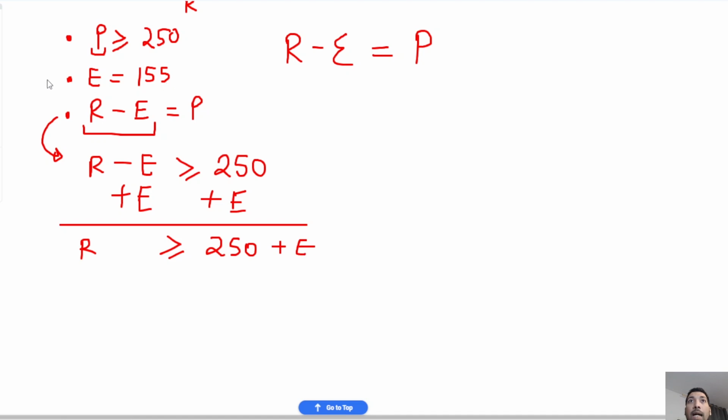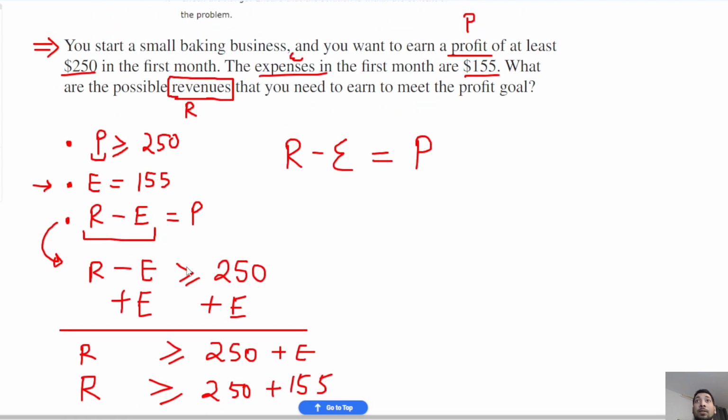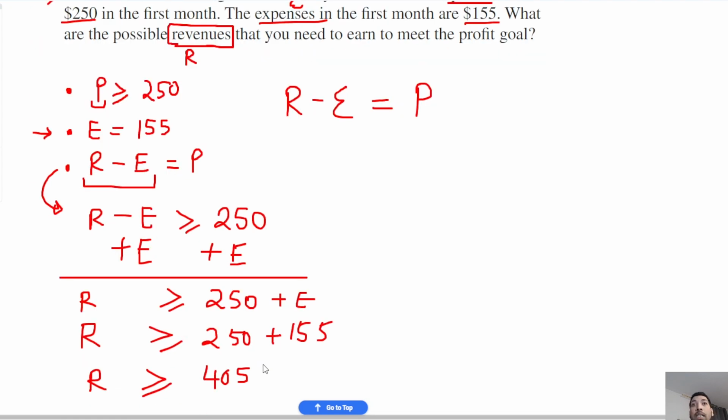But we also know that E is equal to 155. So R is greater than or equal to 250 plus 155, which is 405. That means you need to earn at least $405 to meet the profit goal.